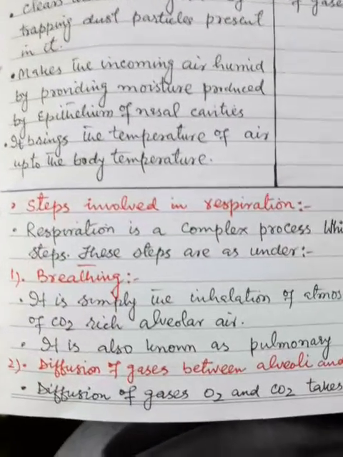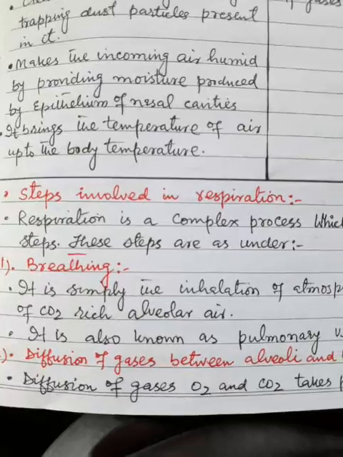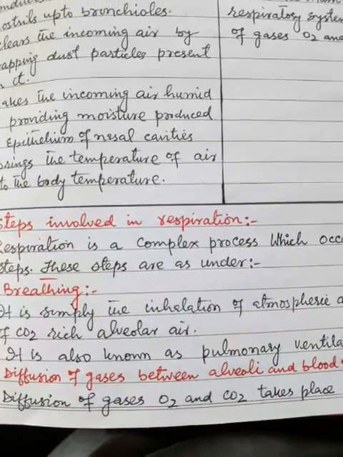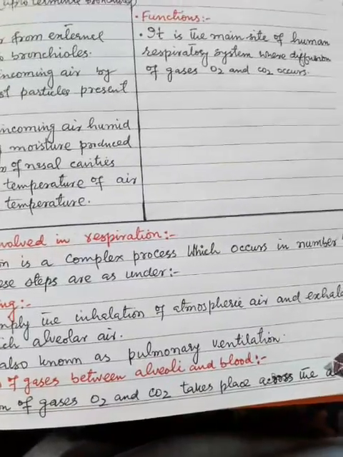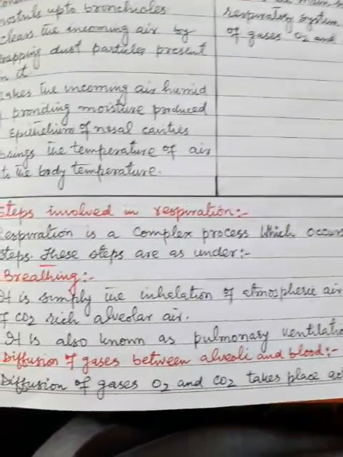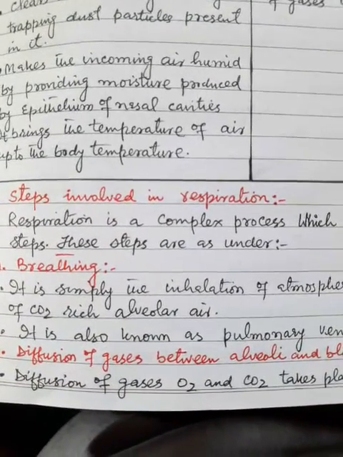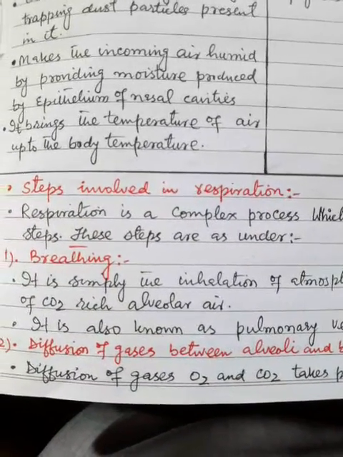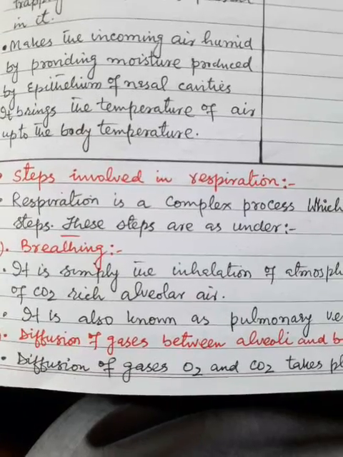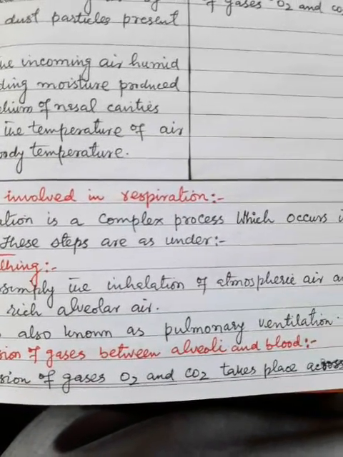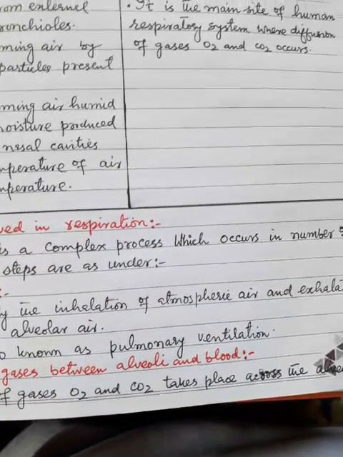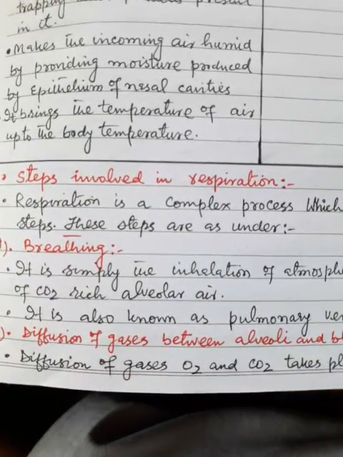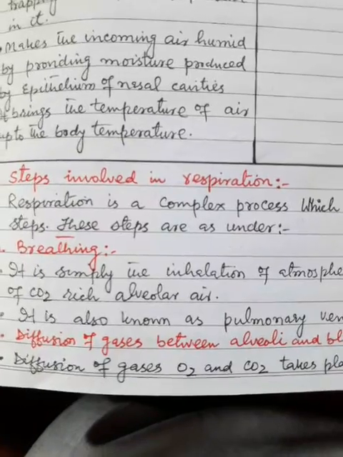Now the steps involved in respiration. Respiration is a complex process which occurs in a number of steps. These steps are as under. The first step of respiration is breathing. It is simply the inhalation of atmospheric air and exhalation of carbon dioxide rich alveolar air.